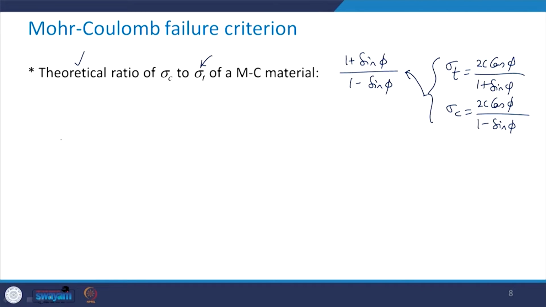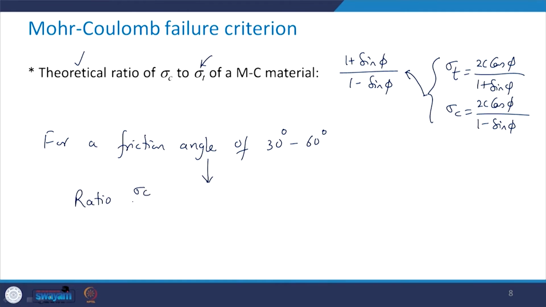Now for a friction angle of say 30 degrees to 60 degrees, this ratio, which is sigma c upon sigma t, will be in the range of 3 to 14. So you just substitute the value of 30 here in this expression and the value of 60, and you will be able to get this range.